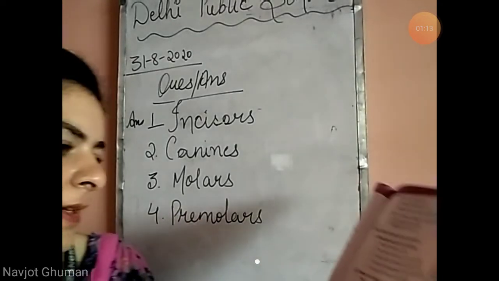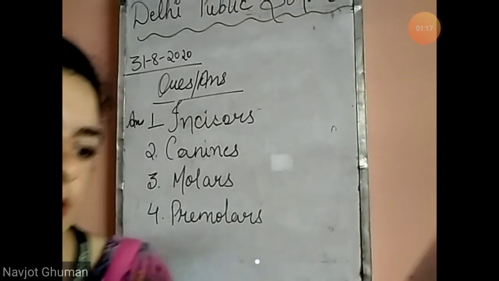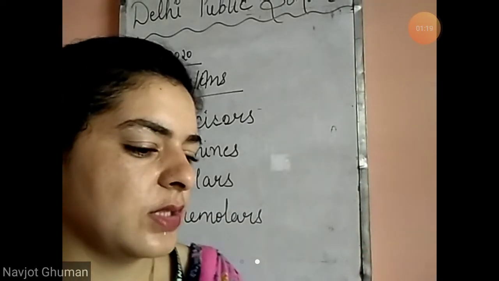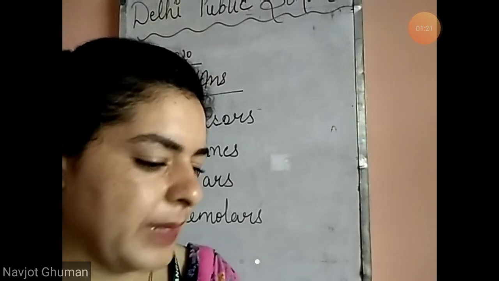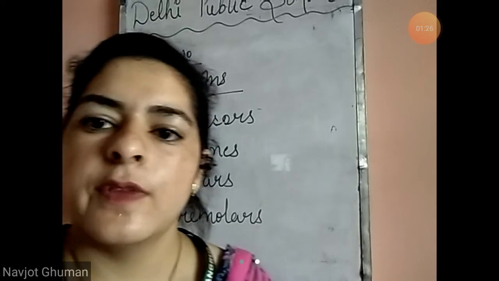Next, describe the structure of a tooth. The structure of the tooth is given on page number 23 of your book.